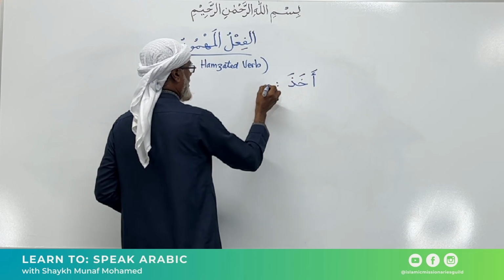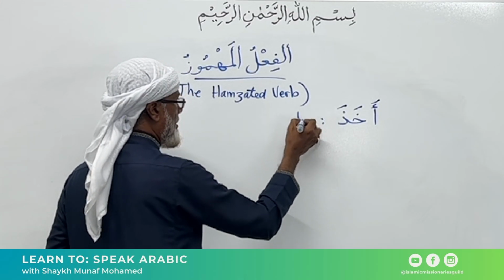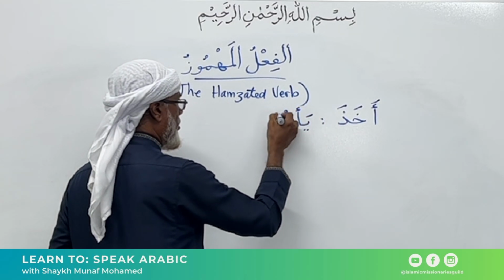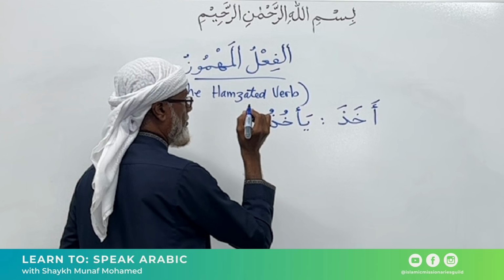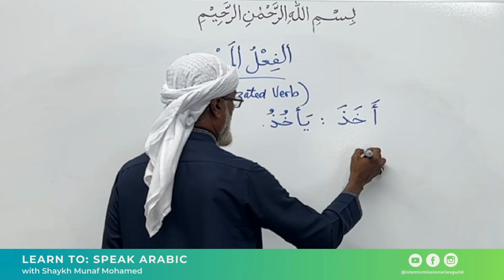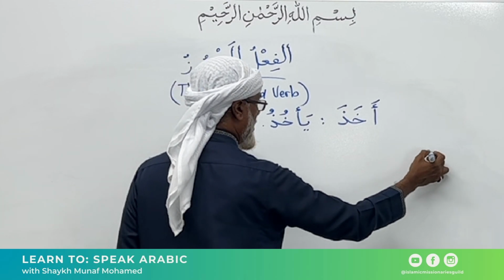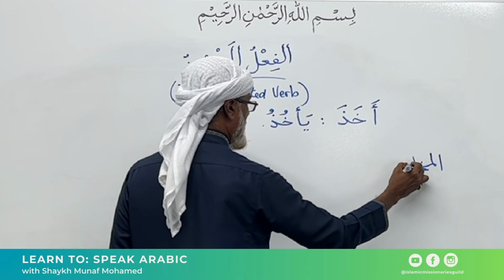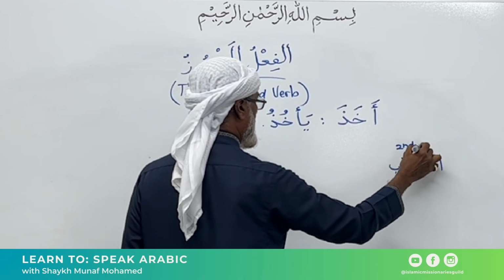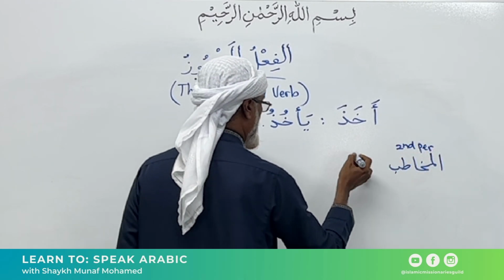Akhadha. The imperfect tense is yakhudhu. All right? We are looking at al-mukhatab, which means the second person conjugation.